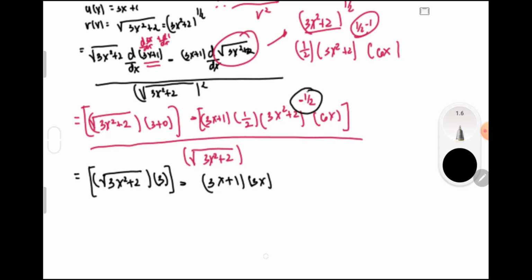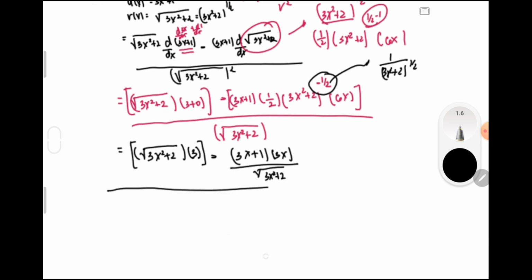So take note, negative to kasi bababa natin. So this will be 1 all over 3x squared plus 2 raised to 1 half. So divided by square root of our 3x squared plus 2. So divided by our square root of 3x squared plus 2 squared.